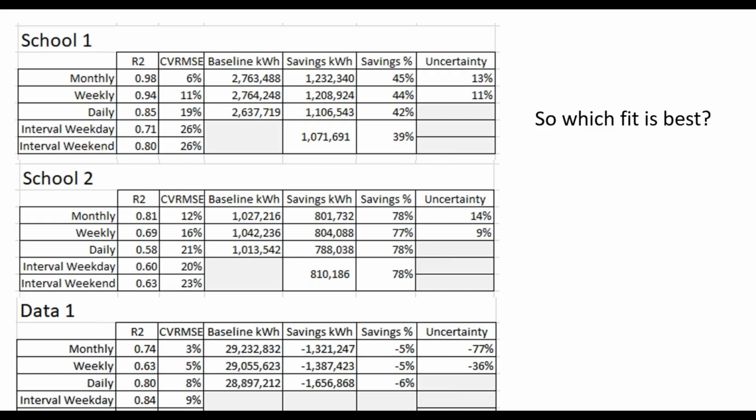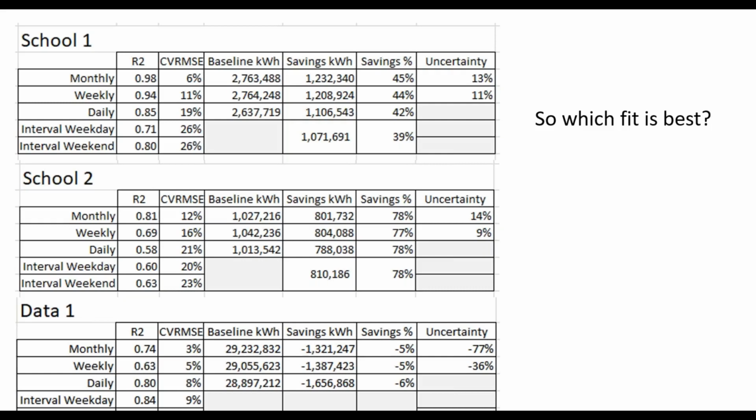That's actually worthy of mention. In that uncertainty calculation, the denominator of the whole thing was your fractional savings. In other words, are you planning on saving 5%? No, 40% or whatever? That number has a huge effect on uncertainty because it's the denominator. It may be a little counterintuitive, but really your uncertainty is in how well you're modeling the total building usage.